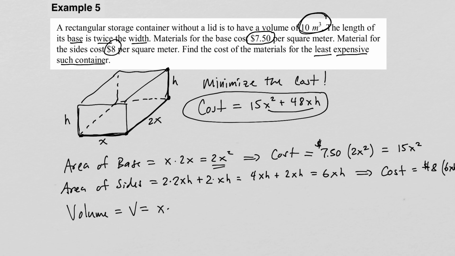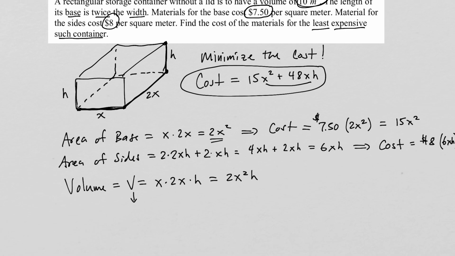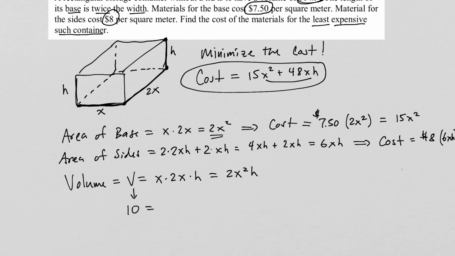So it is x times 2x times h, which can be simplified to be 2x squared h. But we also know that the volume in this case is 10. So 10 must be equal to 2x squared h. And if I divide both sides by 2x squared, I get h is equal to 5 over x squared. Right? So all I'm doing here is simplifying. h is equal to 5 over x squared.